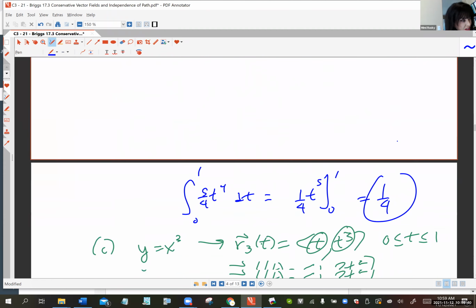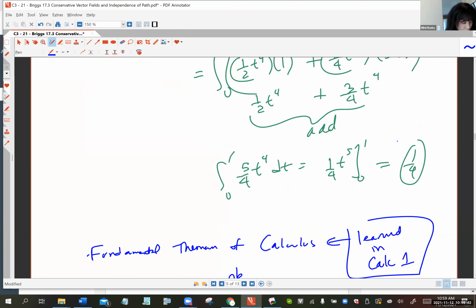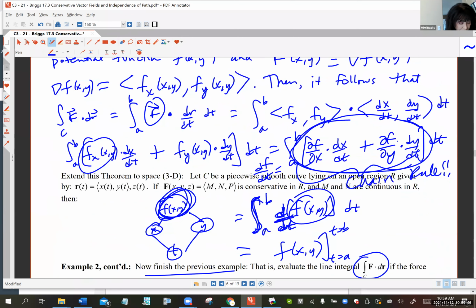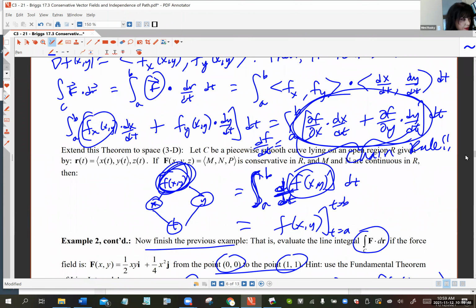Okay, so let's do another example where we'll get to use this fundamental theorem. Oh wait, we haven't finished this yet, sorry. You can extend it to space, but I haven't told you how to prove a 3D vector field is conservative yet.